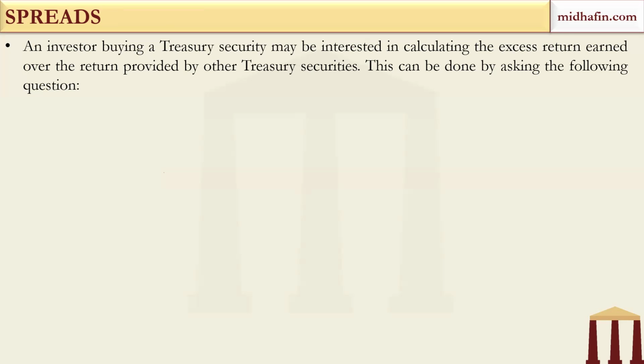I got it at, let's say, 100. So what it basically means is that I am earning extra interest. This extra interest that you earn is called the spread. And the task at hand is now to find the excess spread that I have earned. This spread is the compensation for the extra risk that I'm taking.